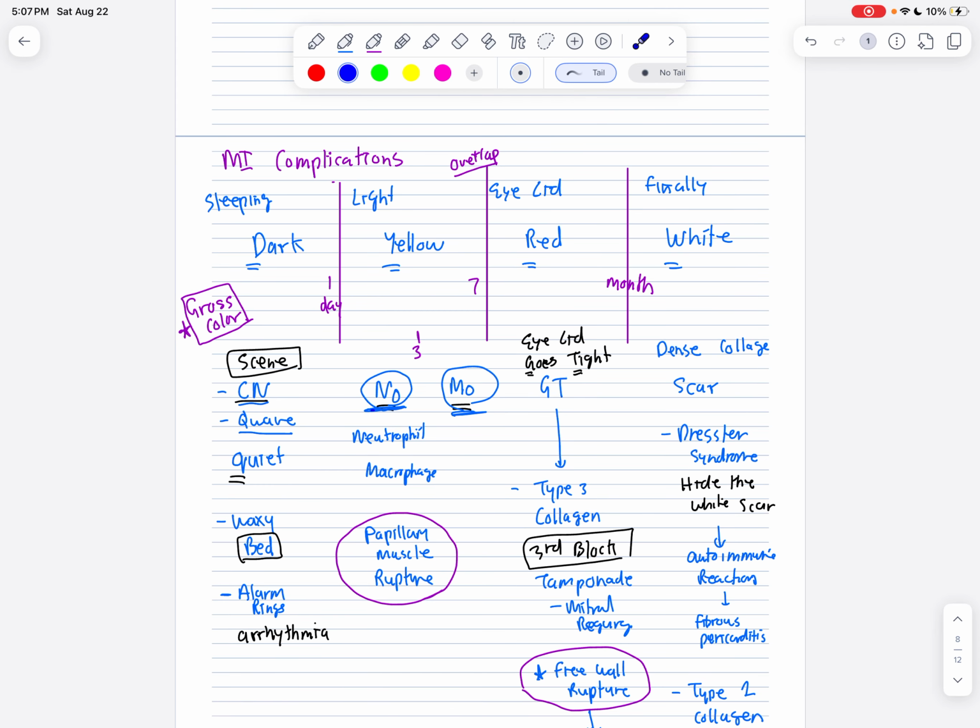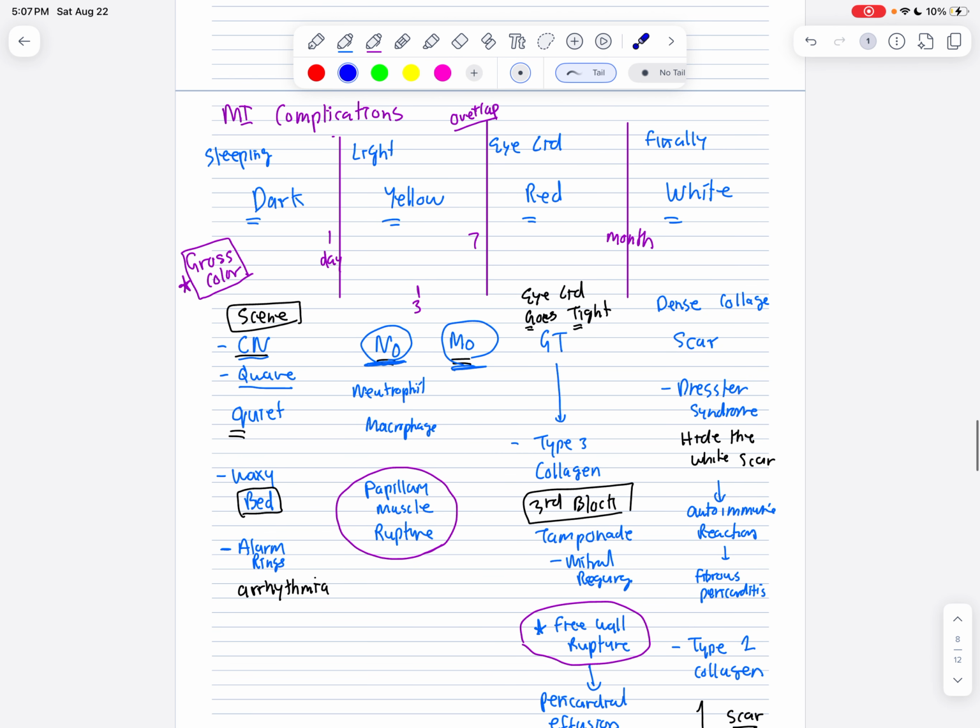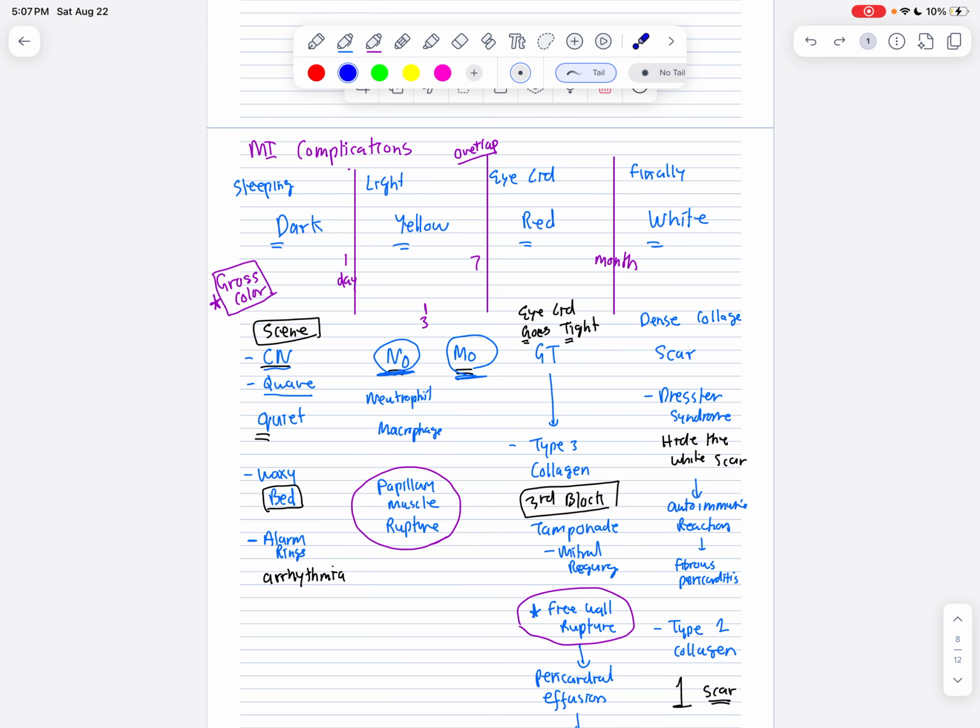Basically just know N and M. So N, continue the M, and then also the M. So we are going to have neutrophils from day 1 to day 3, and from day 3 to day 7 we should be seeing some macrophages. And also just remember papillary muscle rupture is associated with that too. So it is helpful if you can just draw it out a few times and it should click.